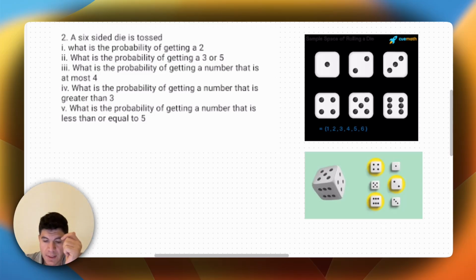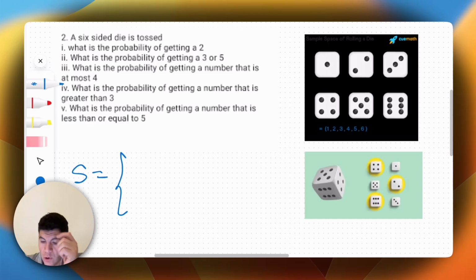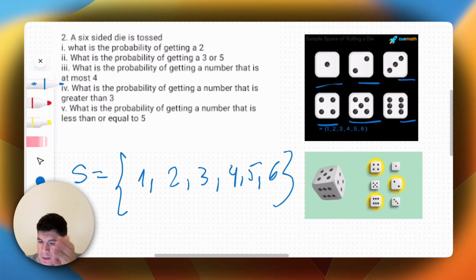What's our sample space? The sample space is all possible numbers that we can get, as you see from the photo as well. It's 1, 2, 3, 4, 5, and 6. So if we want to answer the question, what's the probability of getting a 2?